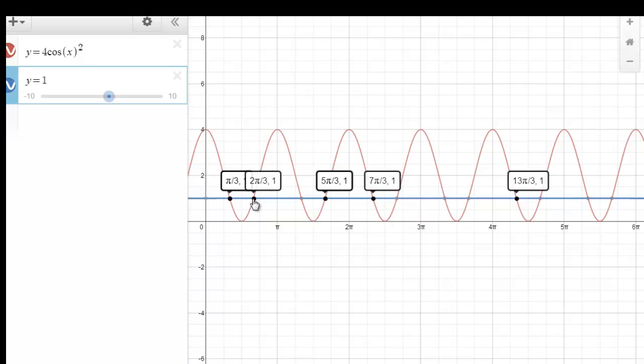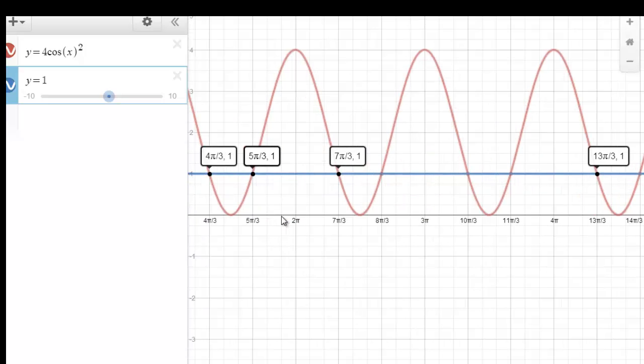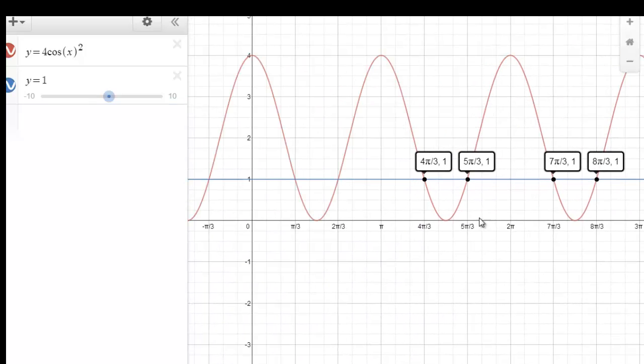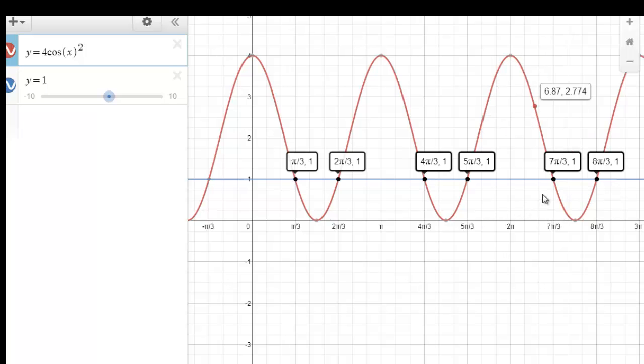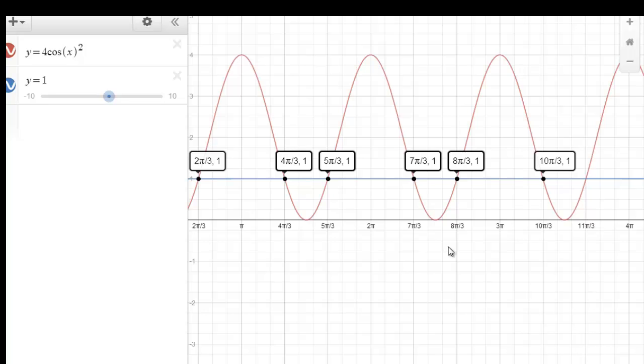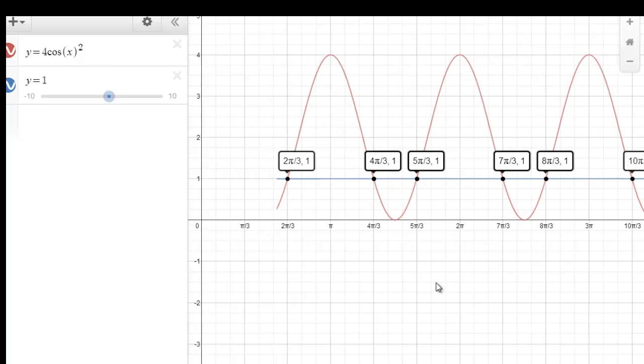So here's pi/3, 2 pi/3, 4 pi/3, and 5 pi/3. So there's all 4 of the pi/3s between 0 and 2 pi, and then you can see that the same thing just happens again. There they all are with adding 2 pi to them.